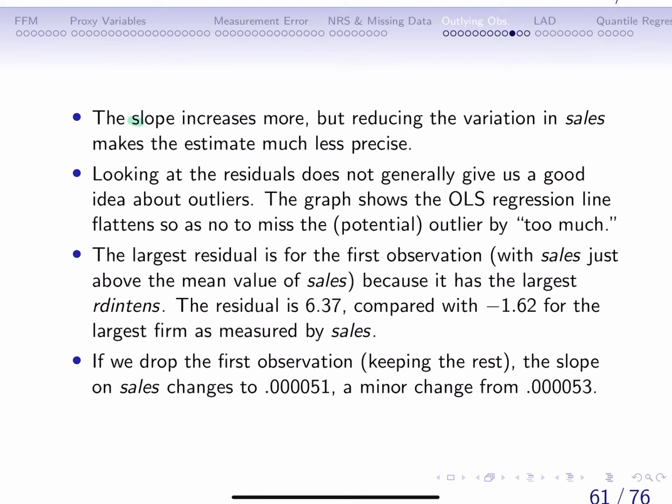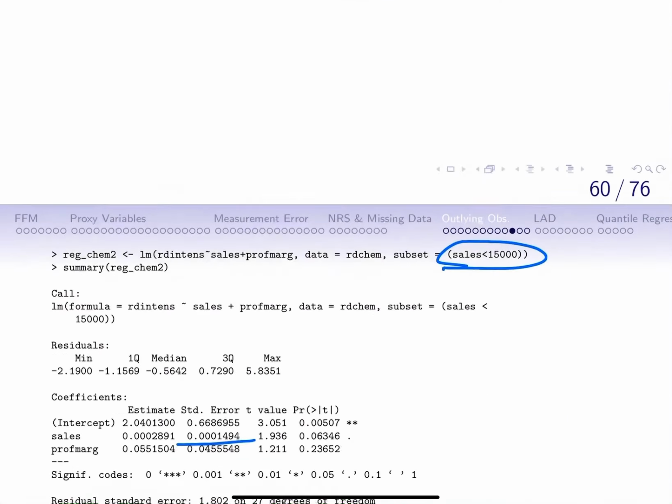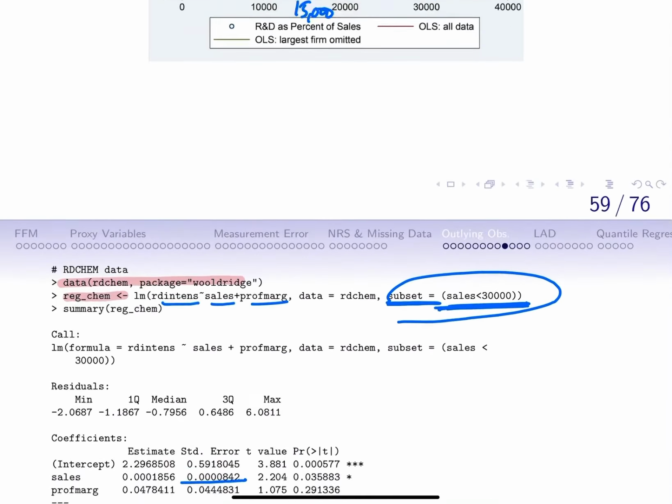The slope increases more, but reducing the variation in sales makes the estimate less precise. It's sort of like this thing that we grapple with all the time. We want to exclude the outlying observations that are very influential, but at the same time, we don't want to lose the variation that we have in our x's.